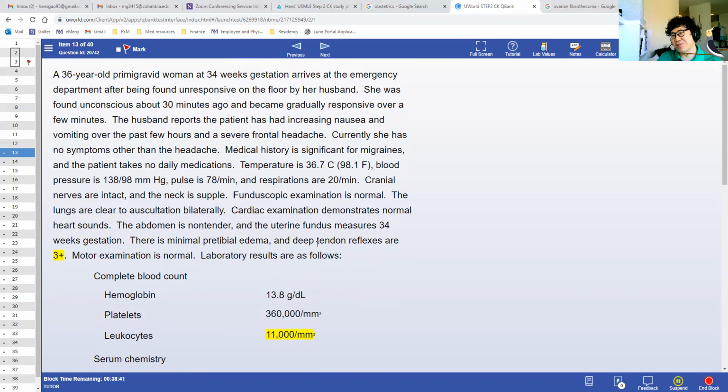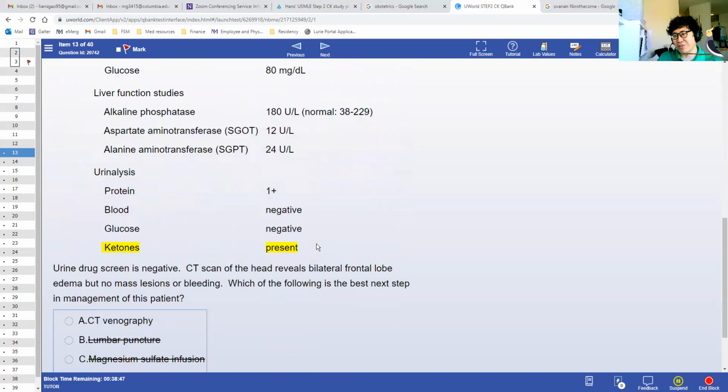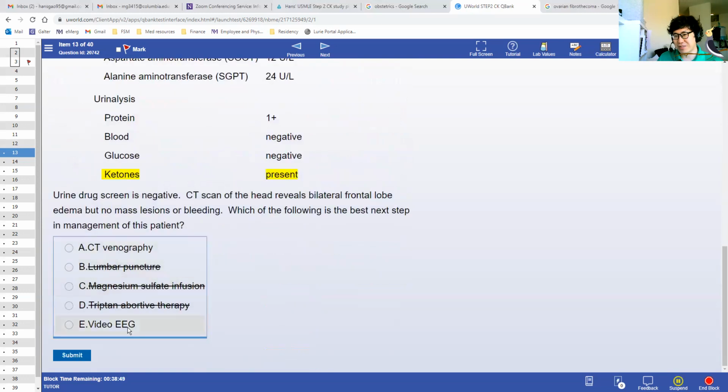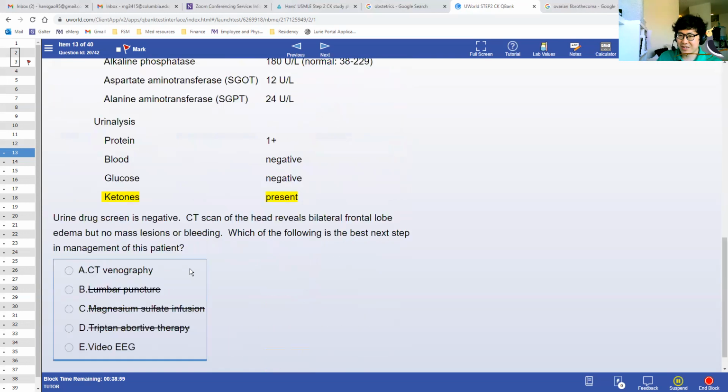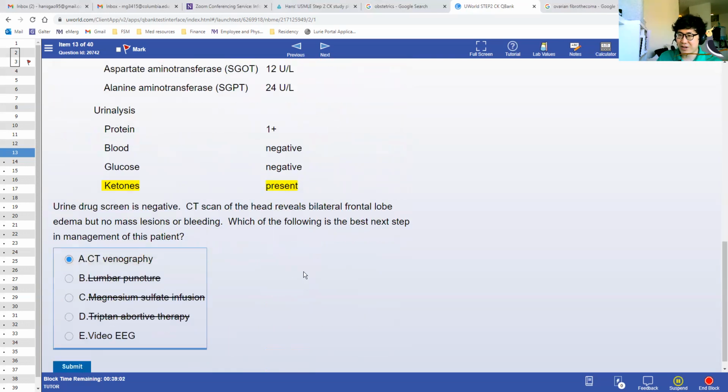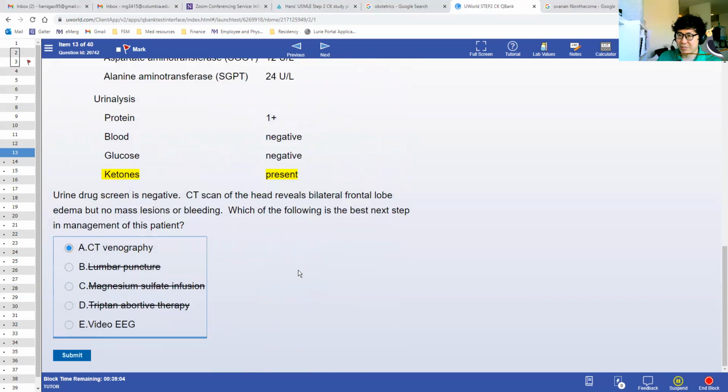You might have headache with seizure, but I still feel like it'd be kind of strange for her to get a seizure out of nowhere, especially if the video EEGs are for epilepsies, and you'd be pretty hard pressed to get that. Yeah, so I'm going to go with CT venography since this is most closely associated with pregnancy.